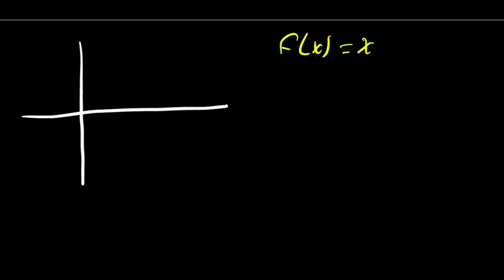So we have our graph, and we're going to do f of x equals x this time. So f of x equals x looks like that, and we're going to do it from 0 to 3.